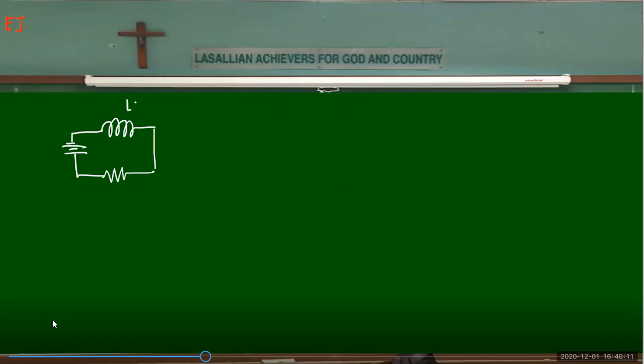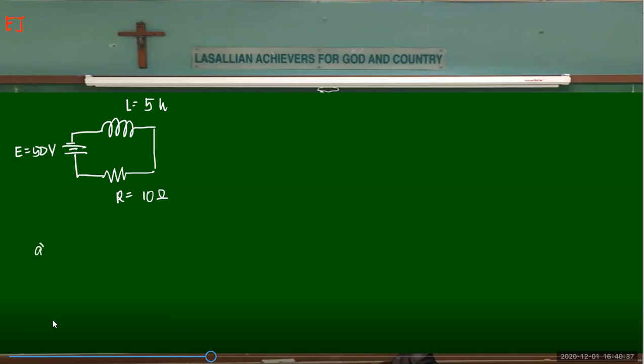Okay, so the inductor L has a value of 5 Henry, and the resistor has a value of 10 ohms. The E is 50 volts. What else is given?